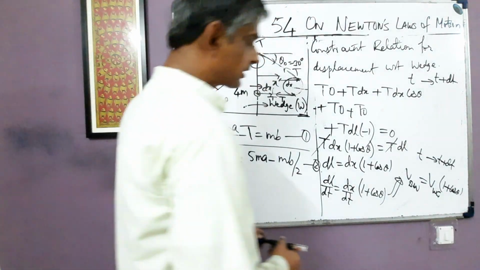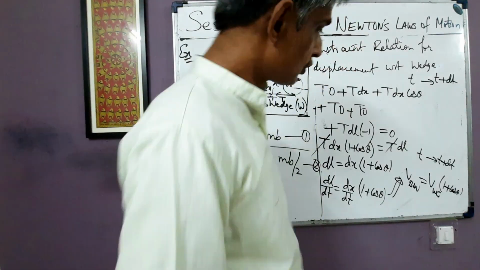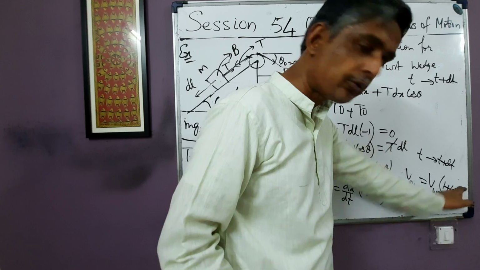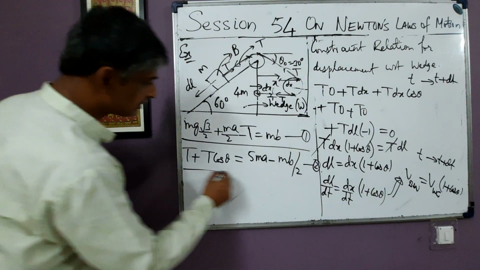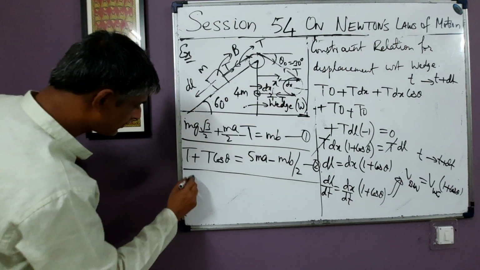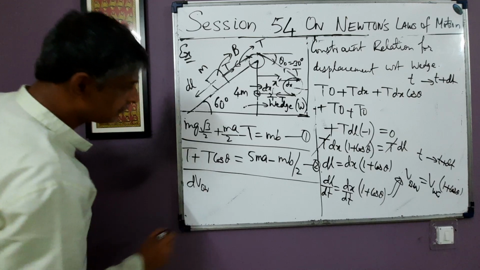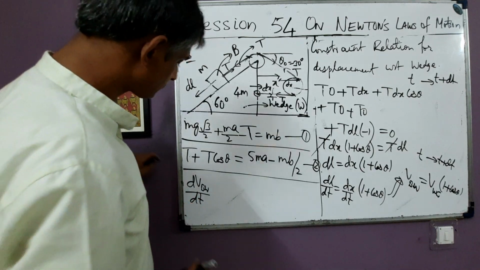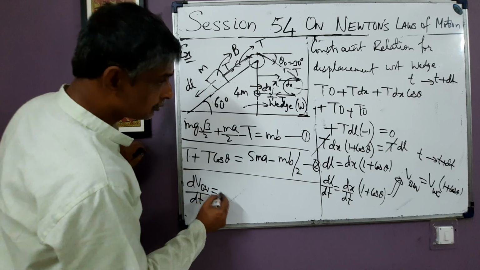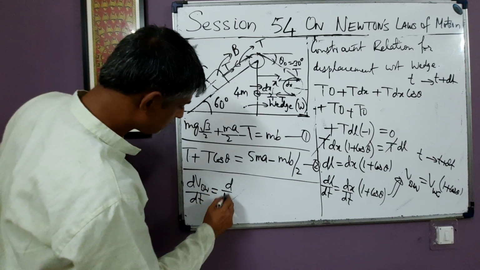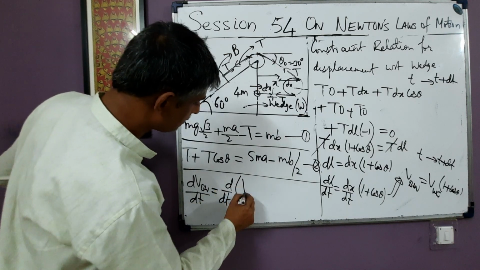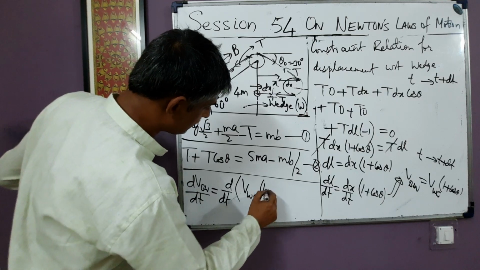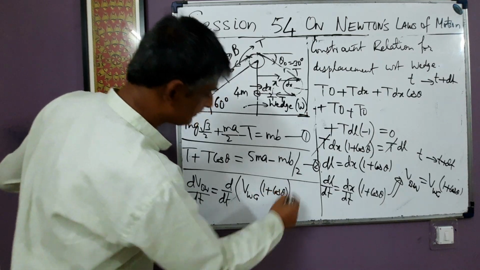But now we have to write down the constraint equation for acceleration. So what I do, I differentiate this again with respect to time. What do we get? dVBW by dt equal to d by dt of VWG into 1 plus cos theta.